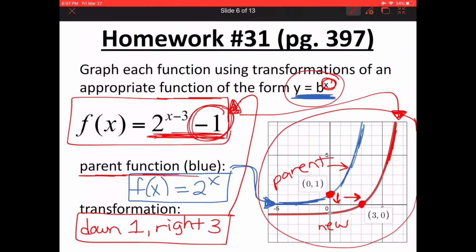This minus 1 is what controls us going down 1, and this minus 3 is what controls us going to the right. Because when you have a number with the x, it's always going to be the opposite. So since it says x minus 3, we are actually going to the right. If it said x plus 4, we would be going to the left.